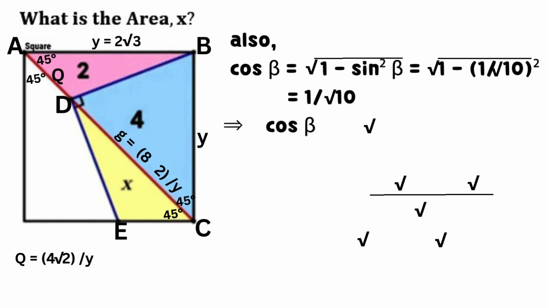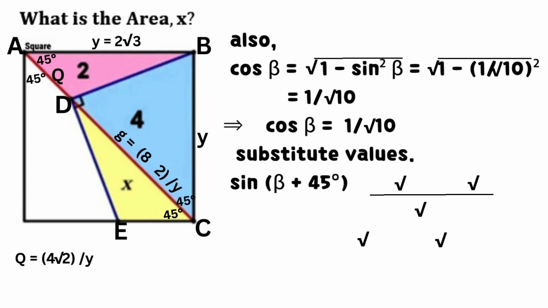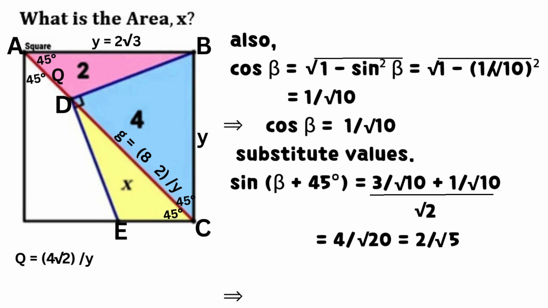Also, cosine beta equals 1 divided by the square root of 10. After substitution and simplification of values, using trigonometric identity, now let's substitute our values obtained in sine of the sum of beta and 45 degrees. This gives us 4 divided by the square root of 20, which simplified to 2 divided by the square root of 5.